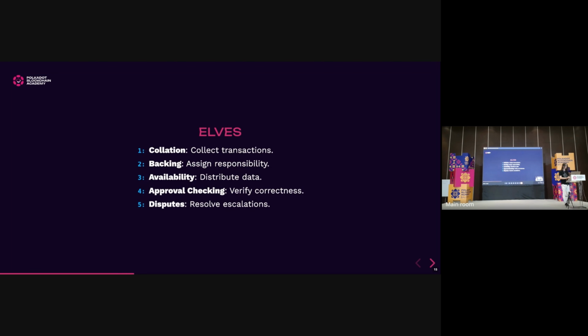Okay, so now that we have the core principle of sharding and the escalations, let's see how it manifests in the ELVES protocol. So ELVES, which gives us the execution sharding, depends as a prerequisite on this collation, backing, and availability. All the execution sharding is actually happening in approval checking.